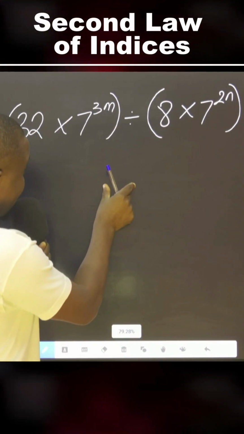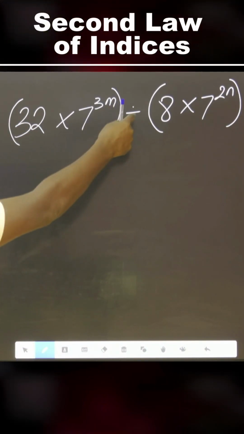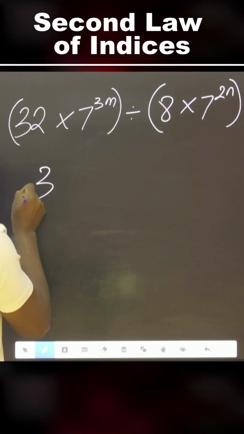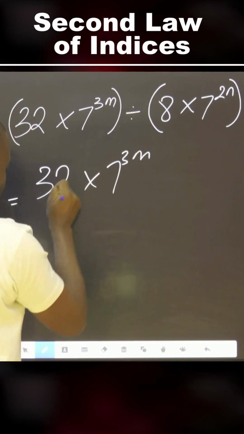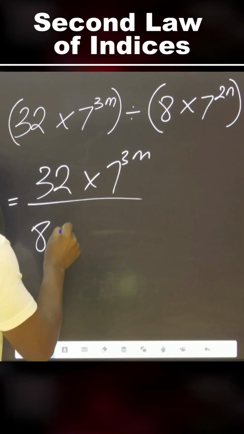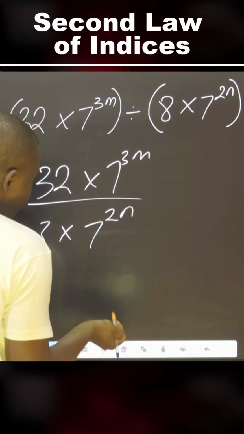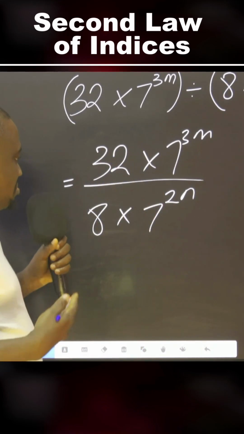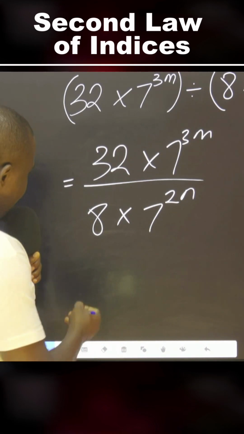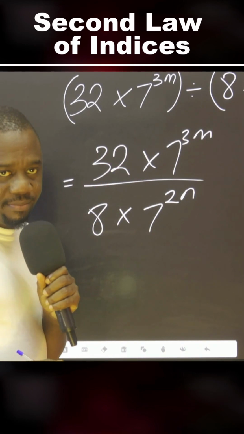Finally, let's look at this. Don't worry yourself. If I see division here, I will simply rearrange it the way it will be easier for me to do. This also means over. Okay? No issue. With this you have done only, all you have to do now, 32 divided by 8 is what?